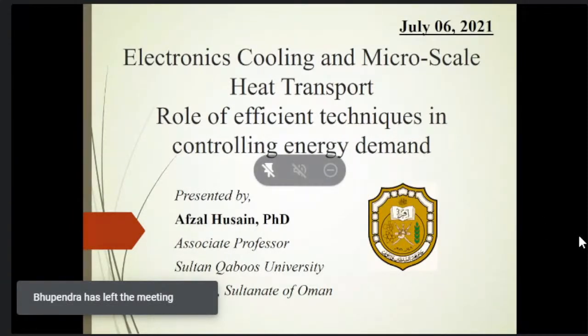Here I want to ask what is the nature of the coolant, or what type of coolant is used? It depends. Initially it was air cooling, and then when we go for the constrained channel flow, it was in liquid phase.